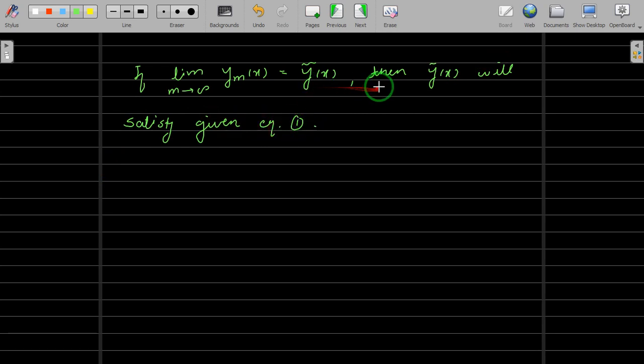And when you say that y tilde of x satisfies equation 1, that means this will be your required solution.